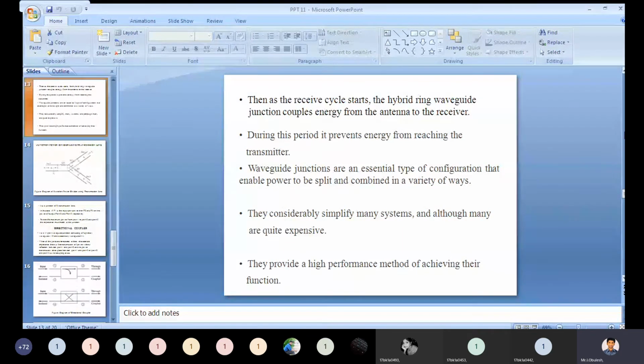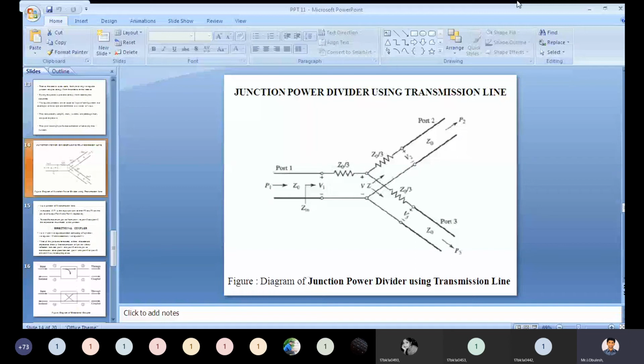Okay, the next one is junction power divider using transmission line. See the diagram.